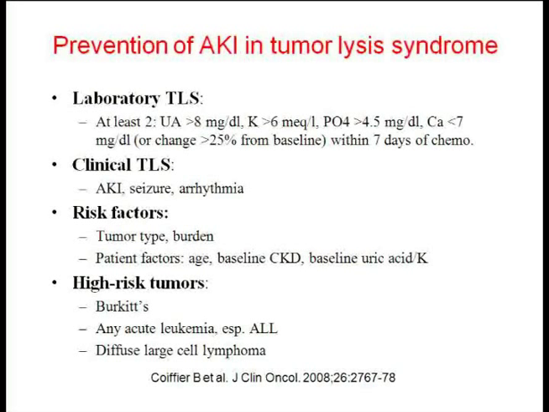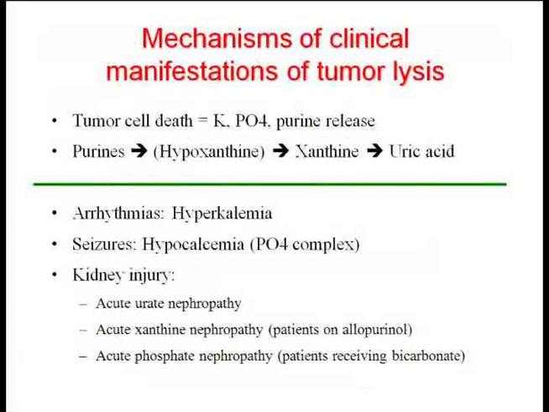But there are also some patient factors, and the most important patient factor here is the presence of underlying chronic kidney disease. So underlying kidney disease predisposes to all sorts of acute renal failure, and that's certainly the case in patients with tumor lysis.